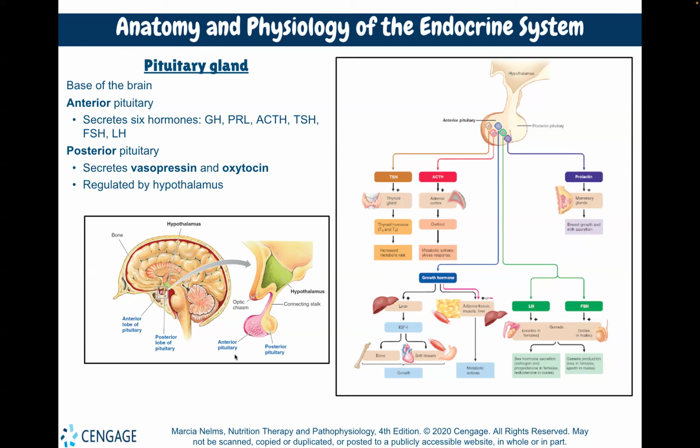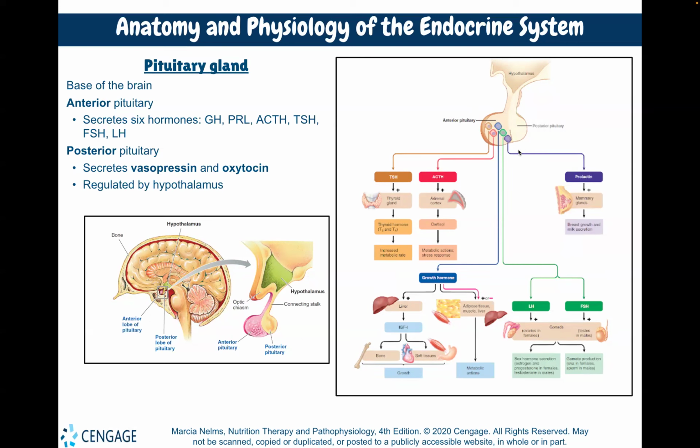So, for example, from the anterior pituitary, we see growth hormone, prolactin, ACTH, TSH, which is the precursor towards our thyroid hormones, FSH, which is our follicle stimulating hormone, and luteinizing hormone. So those should sound really familiar to growth and development, also the reproductive cycle.